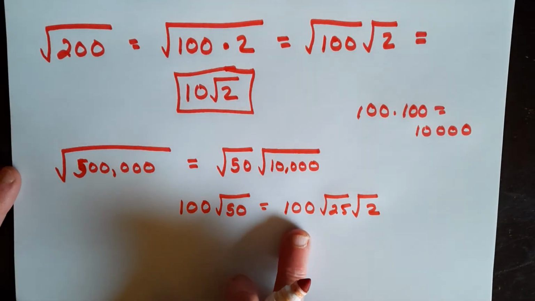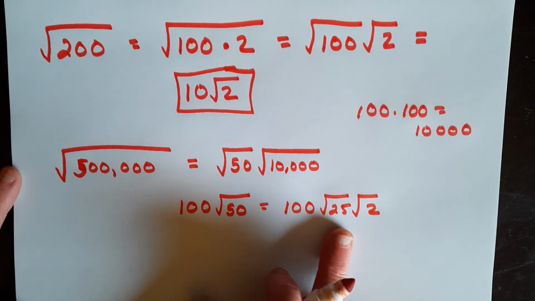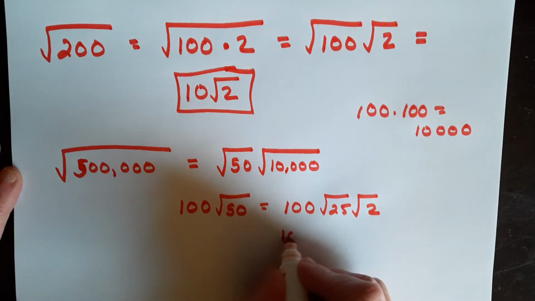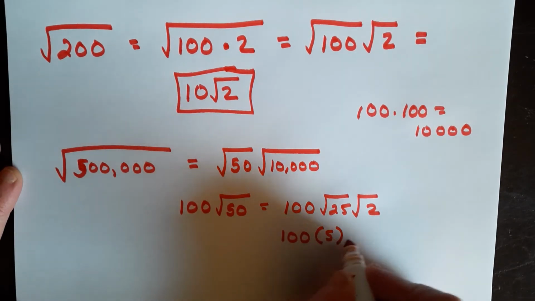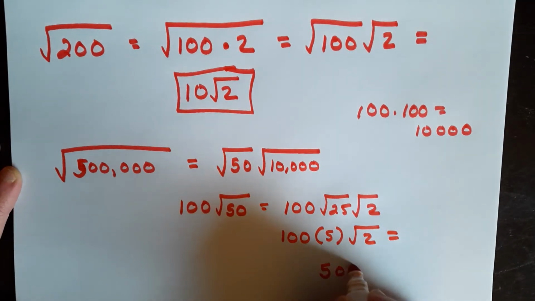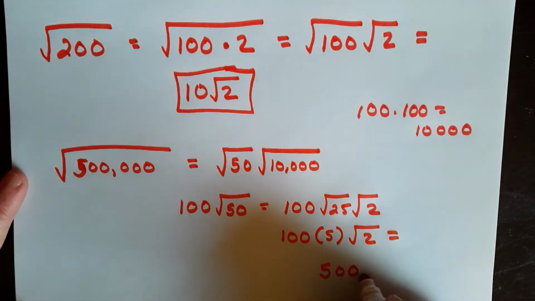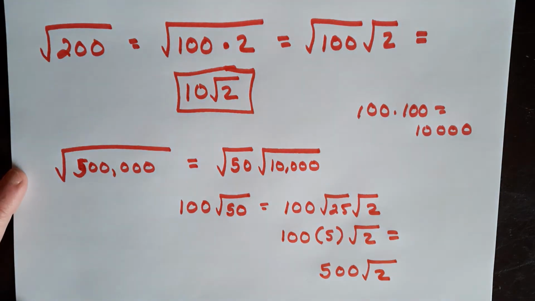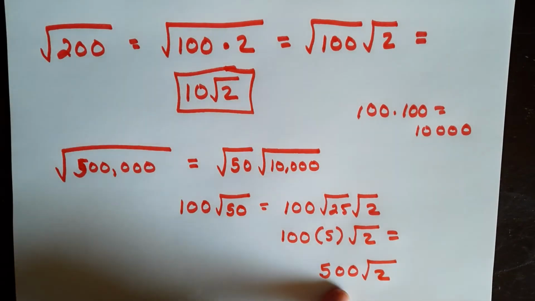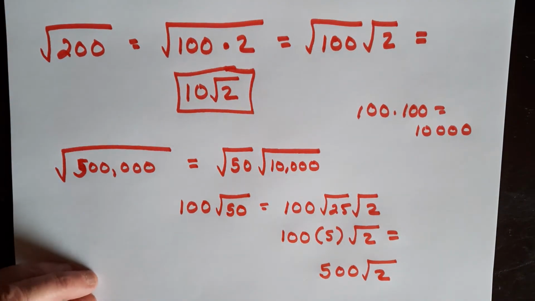And then we have 100 times the square root of 25, which is 5, times the square root of 2. 100 times 5 times the square root of 2, which is equal to 500 times the square root of 2. So the square root of 500,000 can be simplified to 500 times the square root of 2. So you just need to look for perfect squares underneath the square root sign.